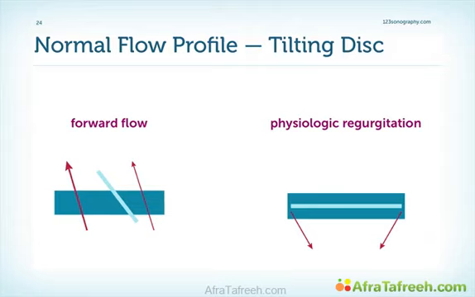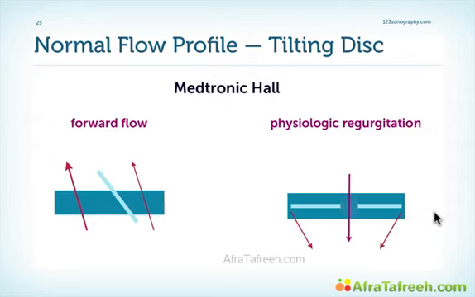The flow profile for tilting disc valves looks a bit different. Since we have 2 openings, we only have 2 jets, a larger and a smaller one. And we also see physiologic regurgitation at the rim of the prosthesis. A special type of tilting disc valve is the Medtronic Hall valve, which has a hole actually in the middle.